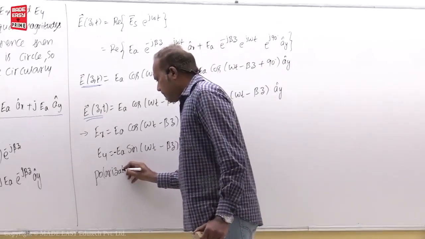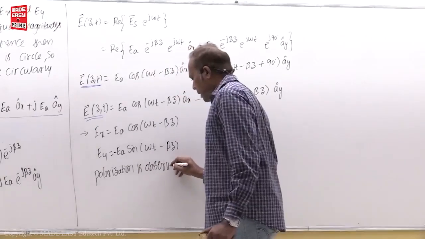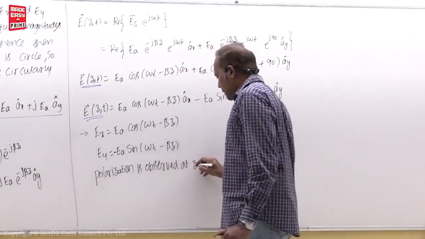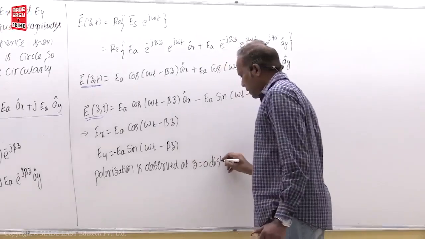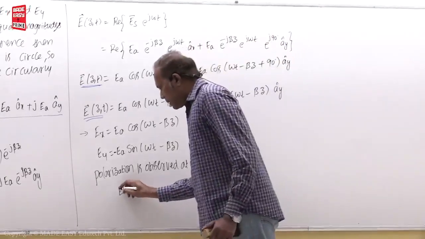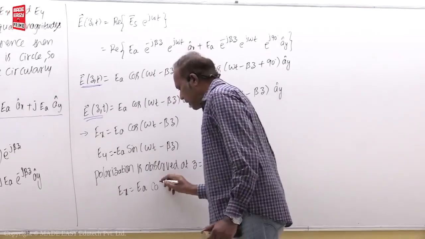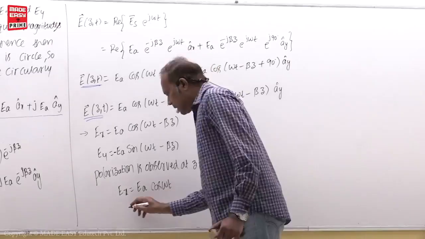Polarization is observed at z equal to 0 distance. Now at z equal to 0, Ex is equal to EA cos omega t.